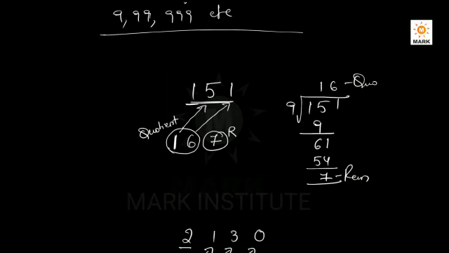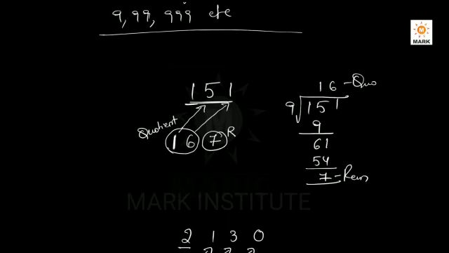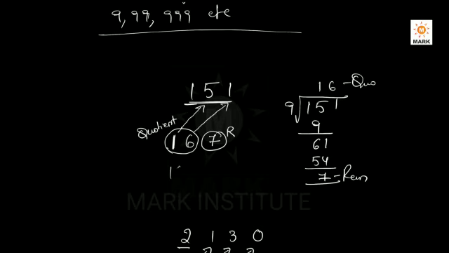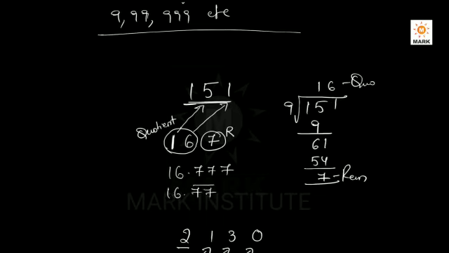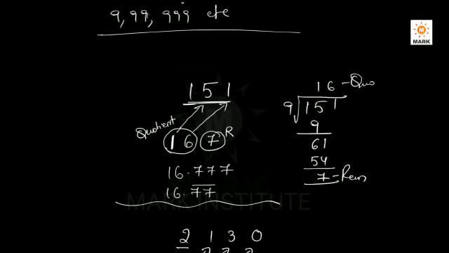So definitely we will get a decimal answer. Whatever remainder you get here will come as a recurring digit after the decimal point. So the answer can be written as 16.7777 and so on, that means 16.7 bar. The approximate answer is 16.78. You can round it off and tell 16.78 is the answer. You can even tell the exact answers in decimals.